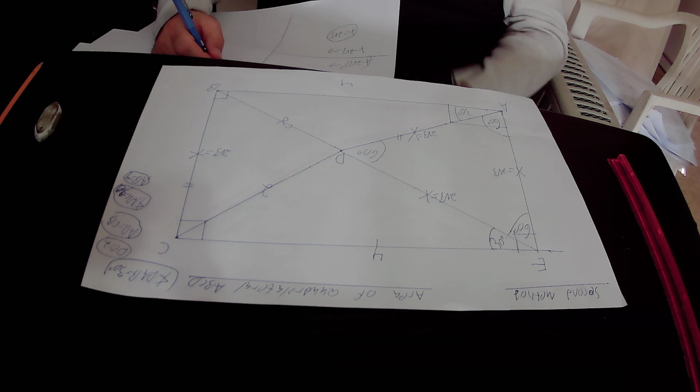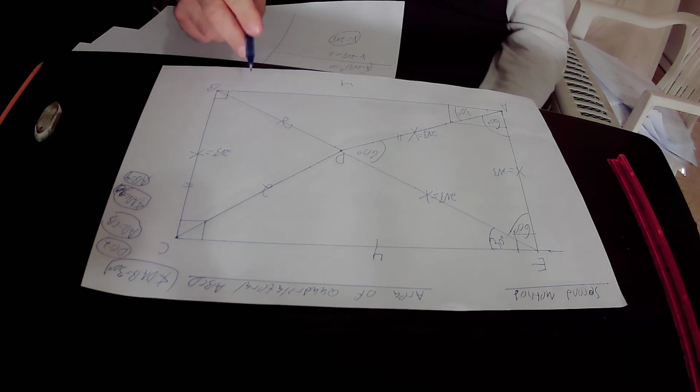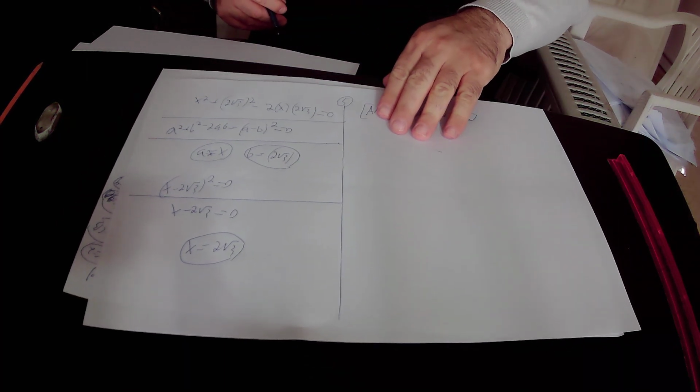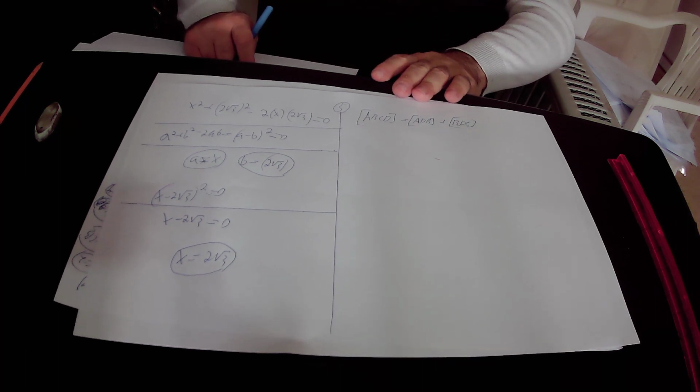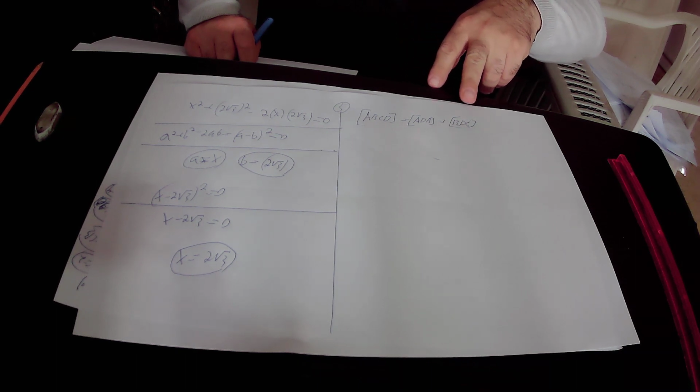The area of quadrilateral ABCD equals the area of triangle ADB, this triangle, plus the area of triangle BDC.